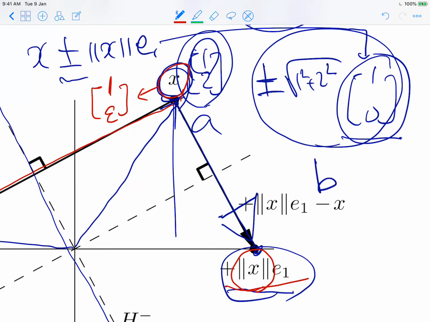Ideally the norm should be computed in this form. But if epsilon is smaller than 10 to the negative 16, we will not be able to compute this length exactly, right? So now a little bit of an error is involved.